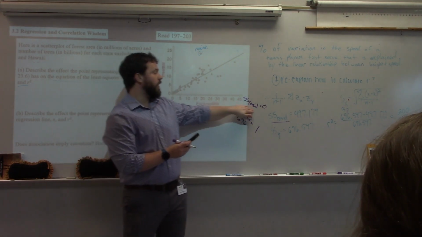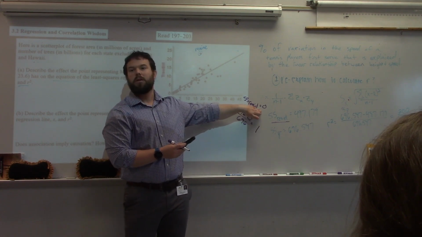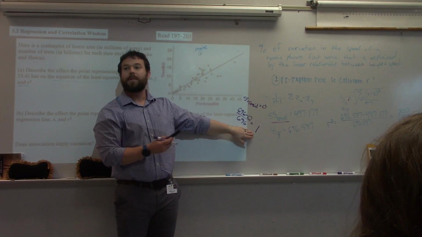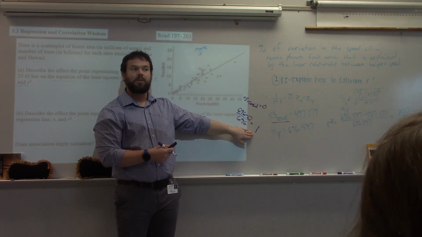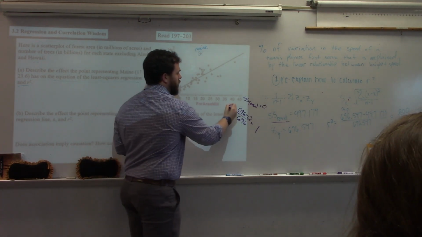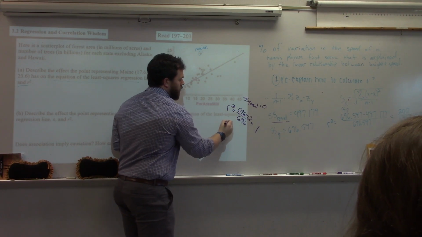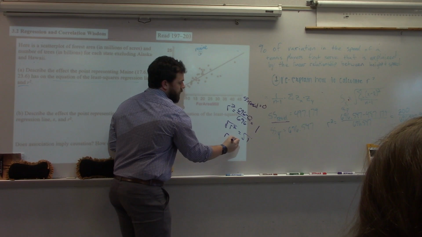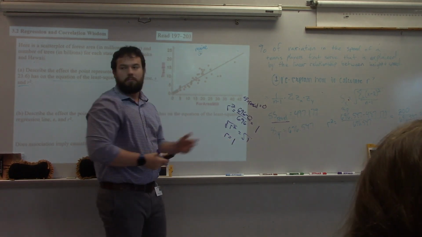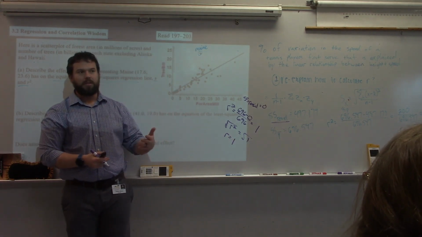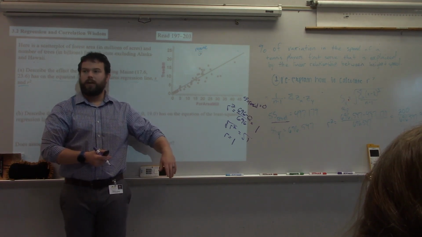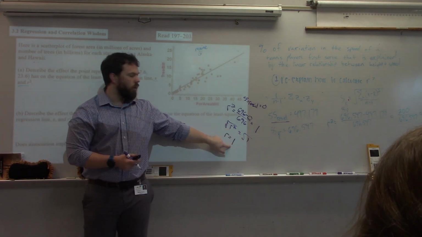The residual sum of squares is 0, but R squared is 1. Which makes sense, because if I take the square root of R squared, then R is equal to 1. And so if it's a perfect line, what's the correlation coefficient? 1.